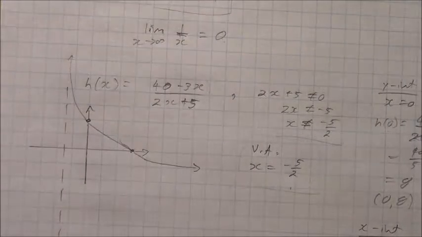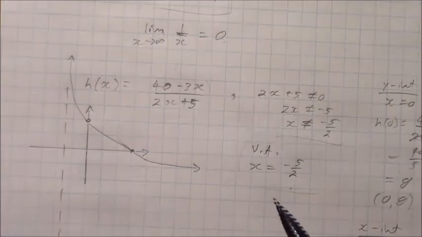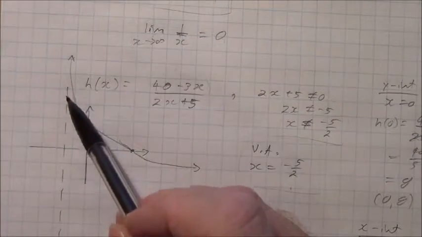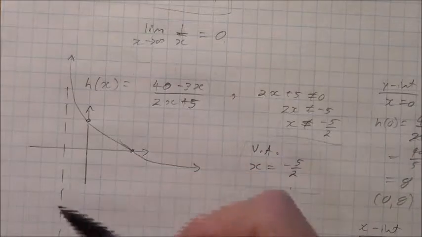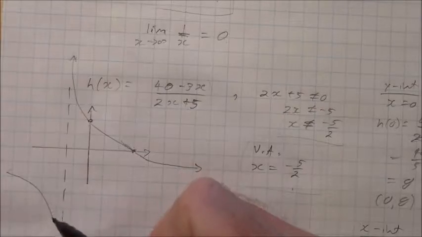So that's my hunch. And generally speaking, not always, but generally, when you've got a function going up as it approaches the vertical asymptote from one side, it's going to be going down approaching the vertical asymptote from the other side. So it's going to be coming down like this.